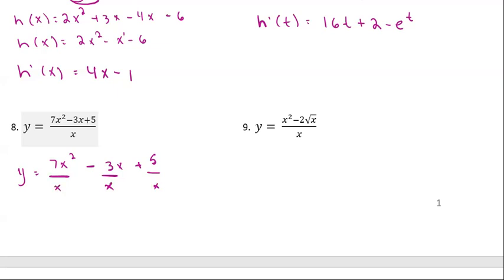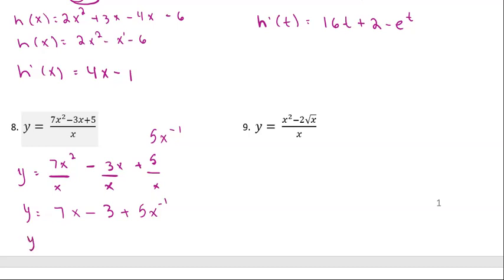Now we can simplify this. We can say that y equals 7x squared over x is just 7x. Negative 3x over x is just negative 3. And then we have our plus 5 over x. Remember, if the x is in the denominator and you want to move it to the numerator, you can use a negative exponent. So this will look like 5x to the negative 1.